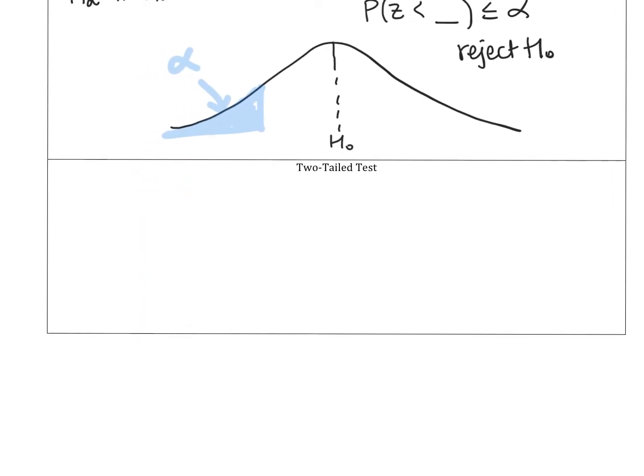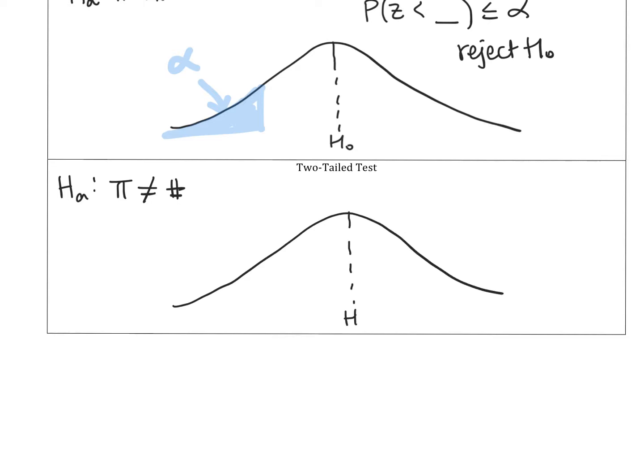And last but not least, a two-tail test is when the alternate hypothesis is that pi is not equal to the hypothesized value. Since we do not know if that value is less or greater, we split our area of error in half.